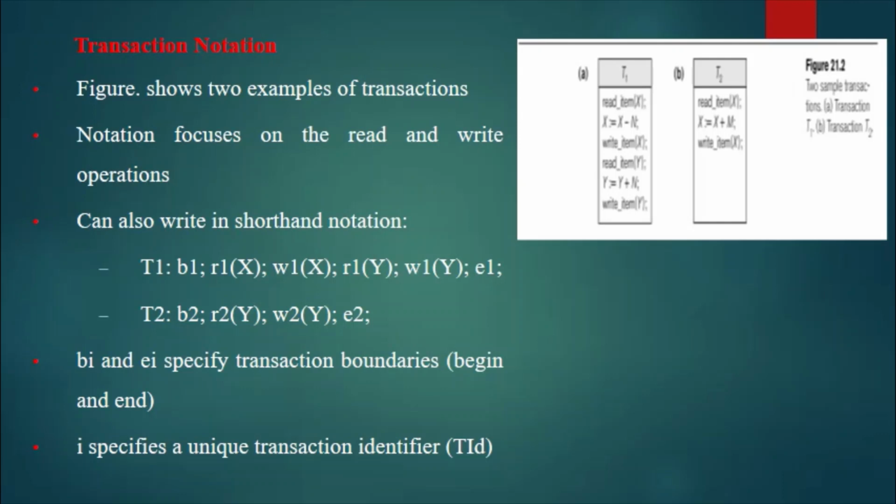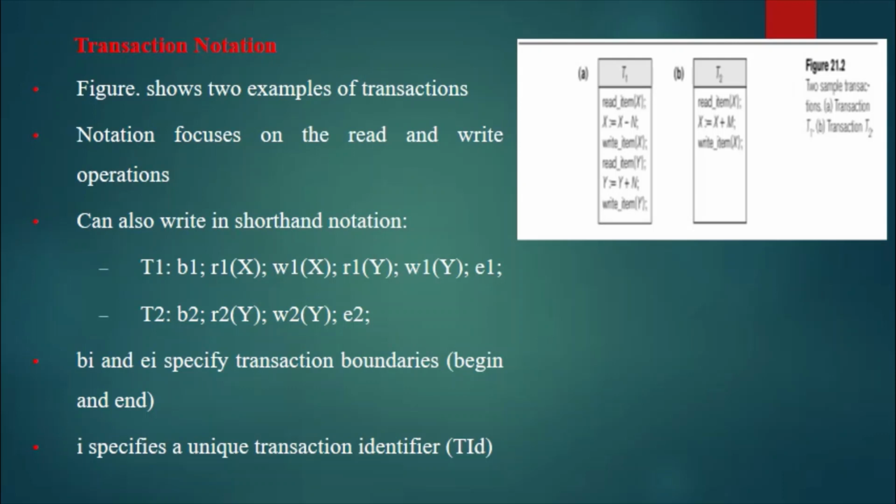The notations focus on the read item and write operations, and we can also write them in shorthand notation, as displayed here. T1 indicates transaction 1, and T2 indicates transaction 2. B1 and B2 represent the beginning of the transactions, and the end of the transactions is represented by E1 and E2.